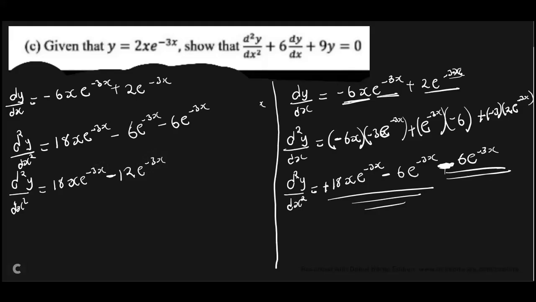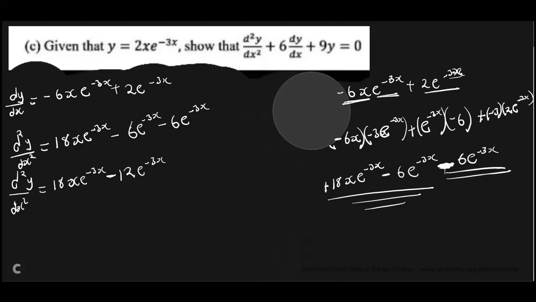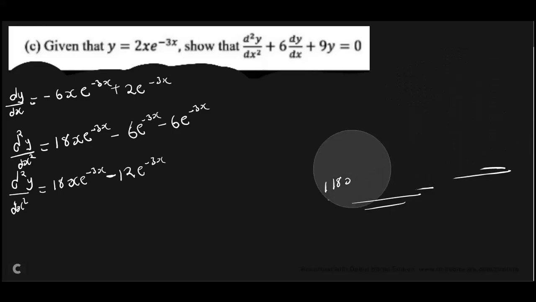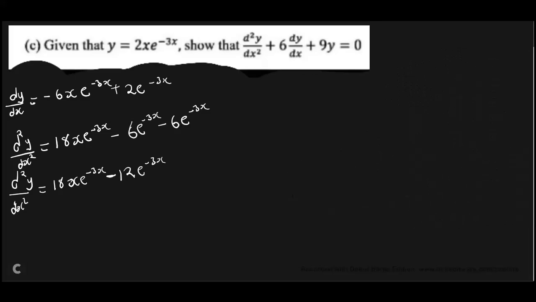So that's your second derivative, right? Then from there, now you know what you do? You substitute in the one which is saying what you need to prove. So the key point here is you need to know how to differentiate. That's the most important thing, because if you don't know how to differentiate, meaning that it is very difficult for you to come up with the correct answer.